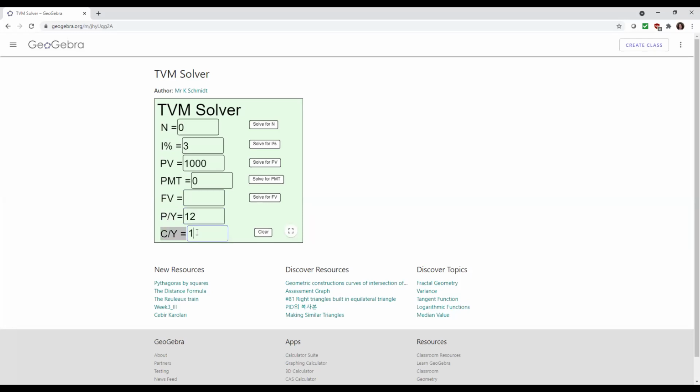And compounding per year, because we're compounding monthly, it's going to be 12. Everything you're going to see in my class, these two numbers are going to match. You're going to read the problem and look for a keyword like annually, monthly, daily, weekly, or quarterly, and convert it into a number. So monthly would be a 12, quarterly would be a 4, annually would be a 1. So PY and CY are going to match.